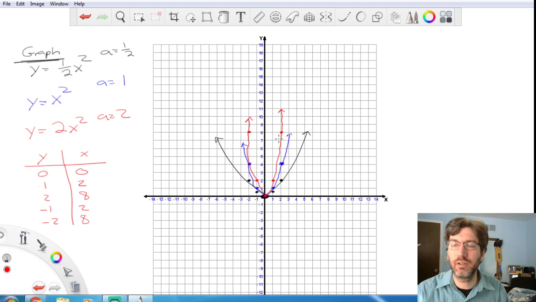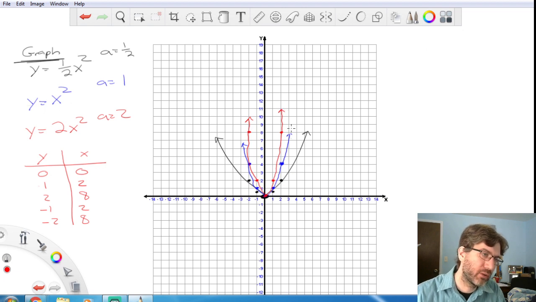So the question in the notes was, what do you notice about these curves? Well, you should note that as the a value gets larger, these tend to get steeper on the curve part, or the parabola itself, kind of the width gets smaller.